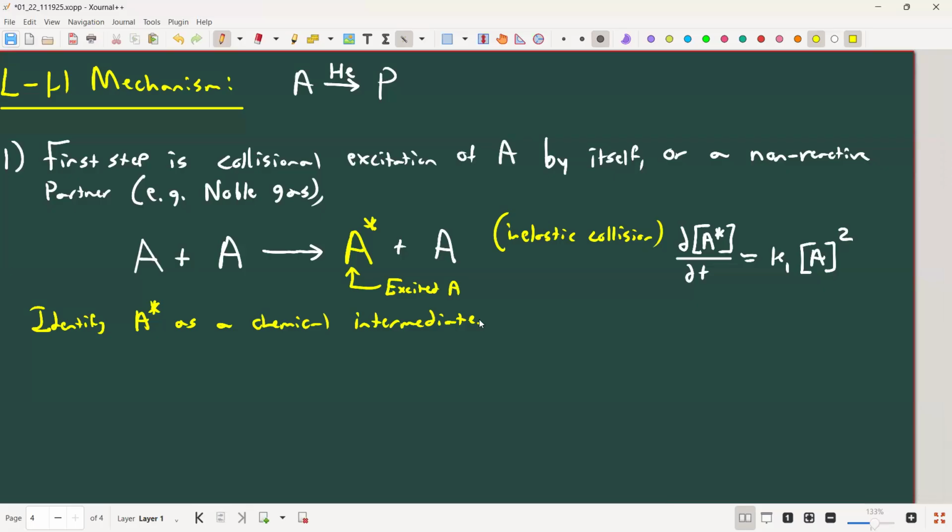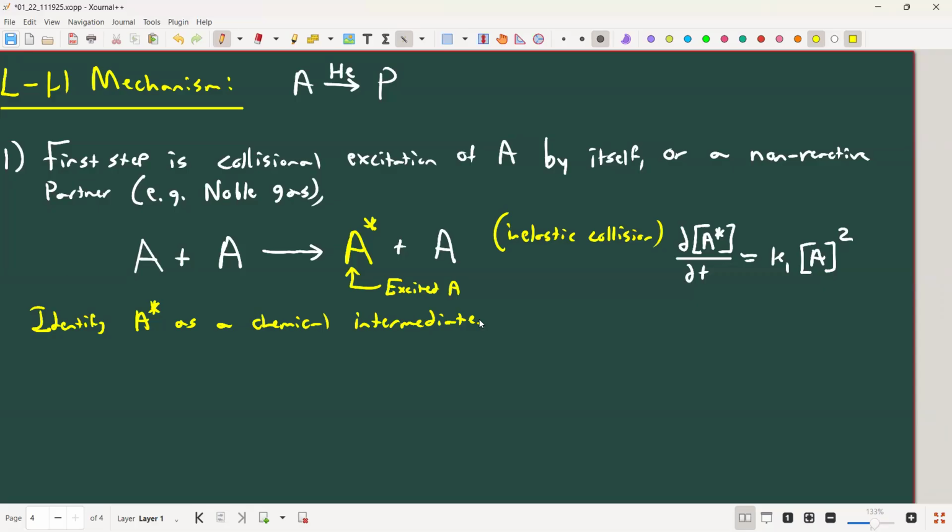So you have A and A, and they come together to form A plus and A minus. Something else plus an electron off of A. And this A star would be A plus, a cation. And there's nothing unstable about a cation. They're perfectly stable molecules, except for any situations where the cation is not stable. I don't know. I can't Google it. So it doesn't have to be a transition state.